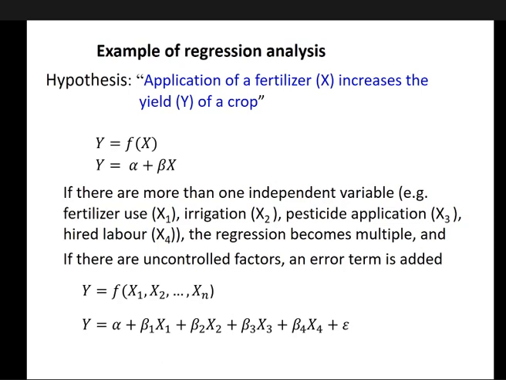And the alpha, being the intercept, here we call it a constant, basically implies that if you never applied the fertilizer X, still you would get some yield which is equal to alpha. So literally in the control where the fertilizer is not applied, we have alpha as the yield.